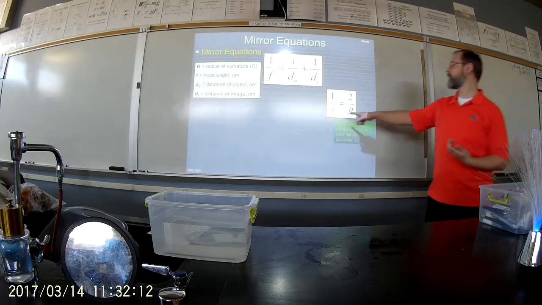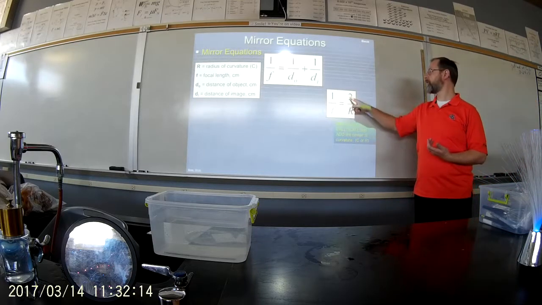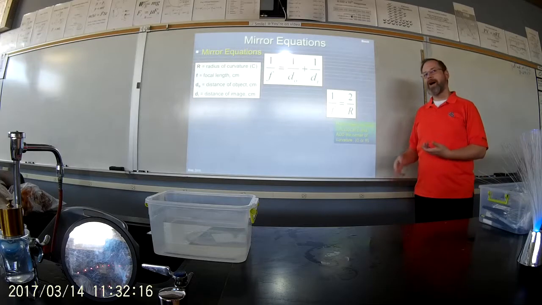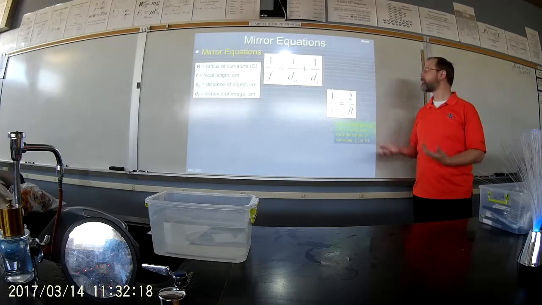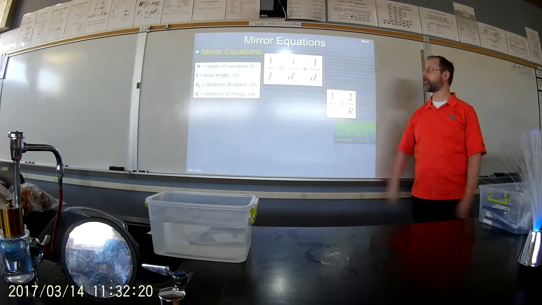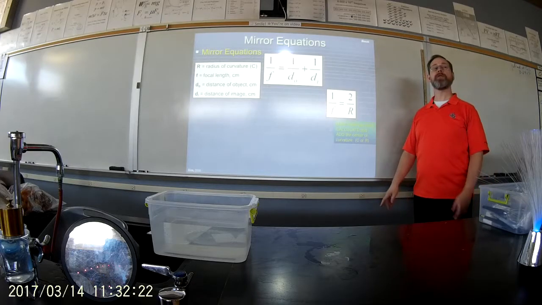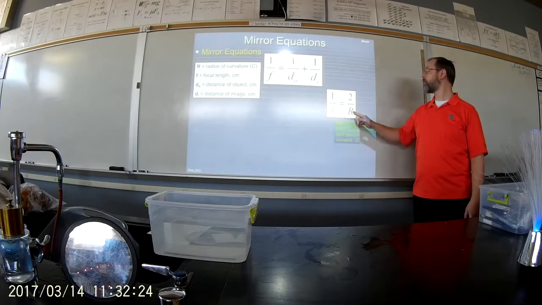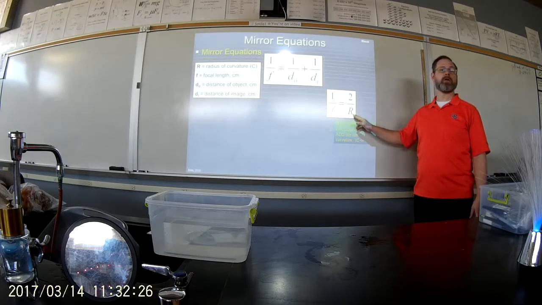So take a look at this. 1 over f equals 2 over r. I don't know why they just didn't make it a simpler formula, but maybe they just like the reciprocals. But if the focal distance is 2, what is the radius of curvature? 4. Okay?